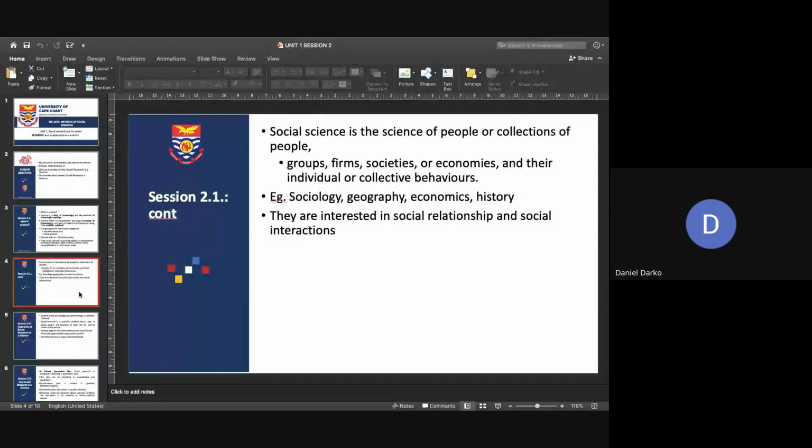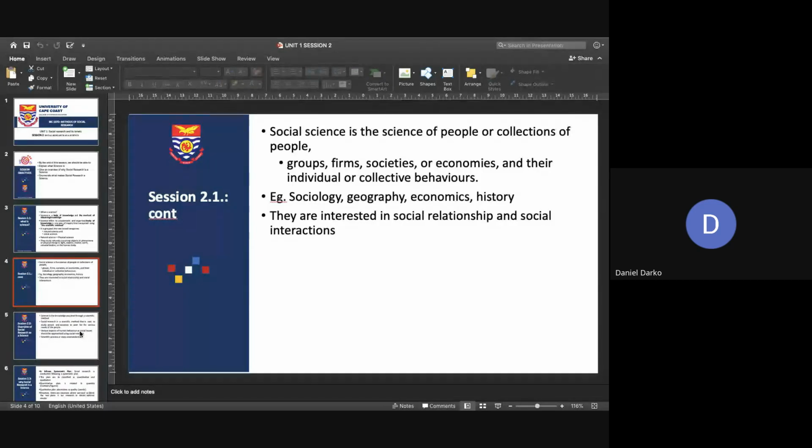It's not just about the physical things. We can also study geography, economics, history, name them. They all are interested in human relations, social relations, and all that.